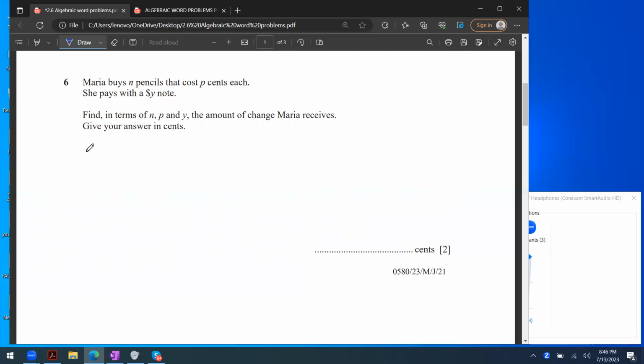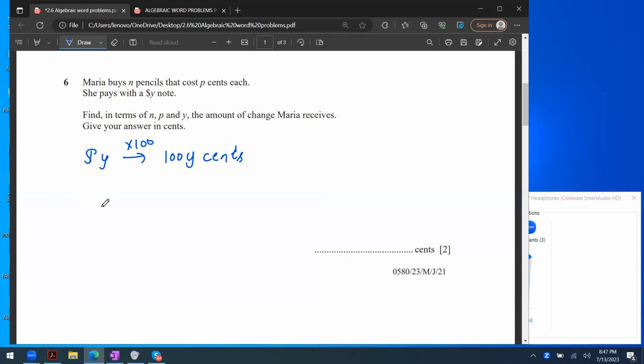First of all, how much does she give? It's Y dollars. We want to convert it into cents, so let's multiply by 100. $1 is 100 cents, so that will become 100Y cents. This is the money she will give to the cashier.